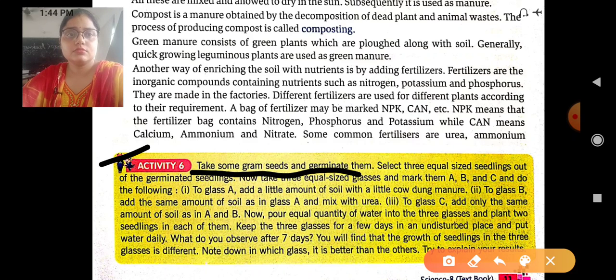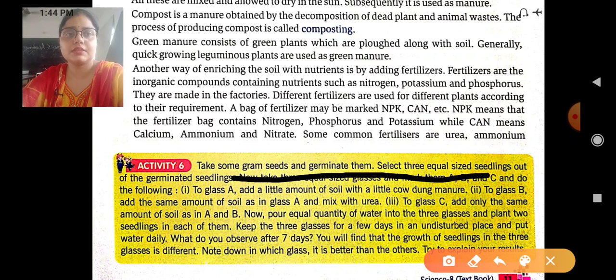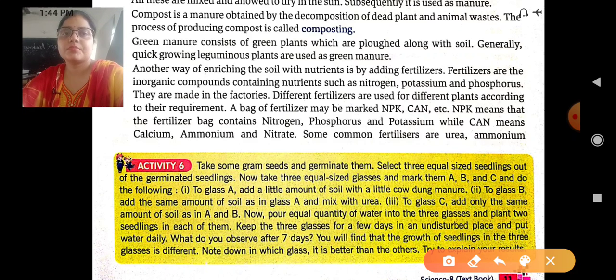Select 3 equal size seedlings out of the germinated seedlings. Now take 3 equal size glasses and mark them A, B, C and do the following. To glass A, add a little amount of soil with a little cow dung manure.